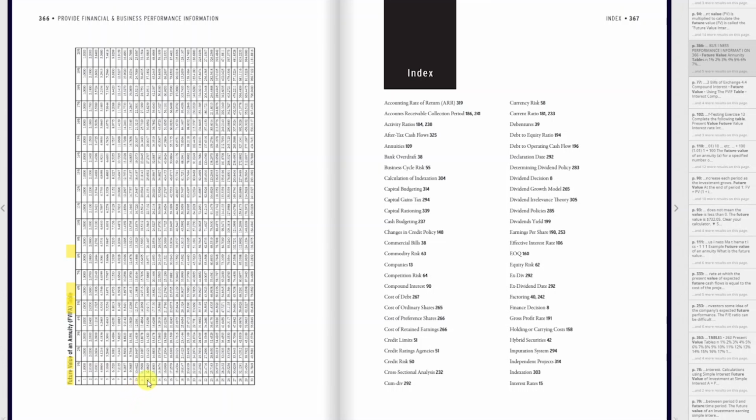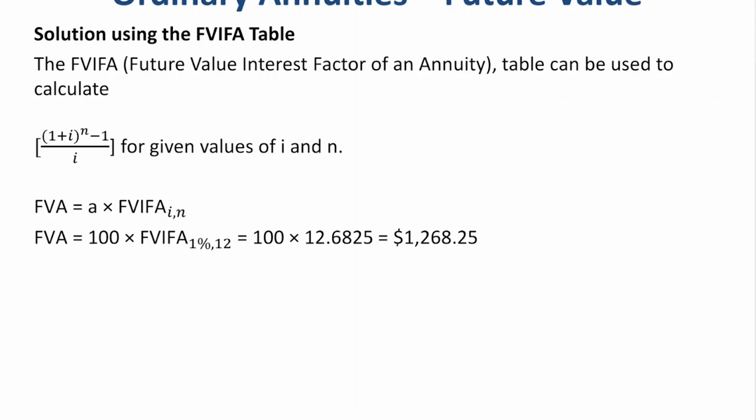And for 12 periods at 1%, the relevant factor should be 12.6825, and that is what you will see in your slides here. Using the future value annuity table, you will have $100 times 12.6825, and therefore you have the answer of 1268.25.